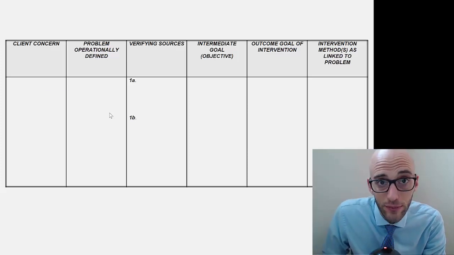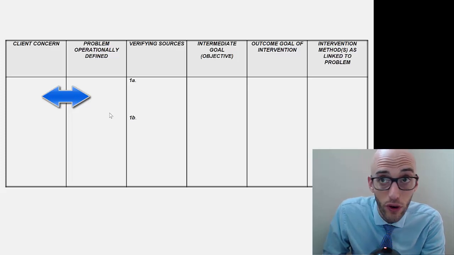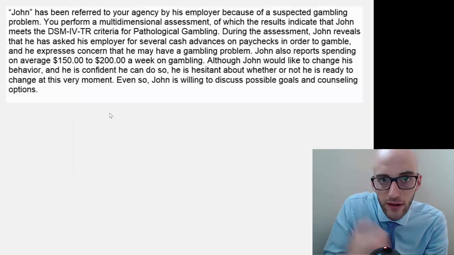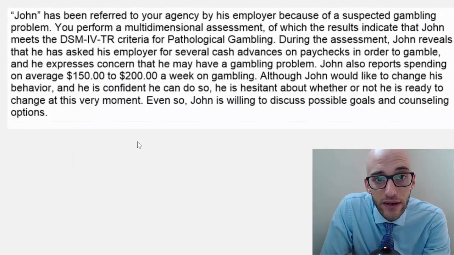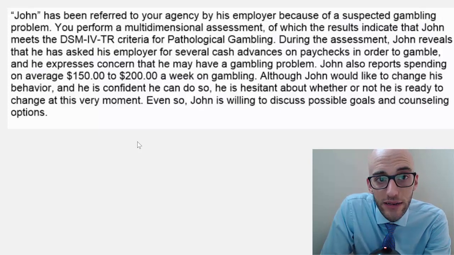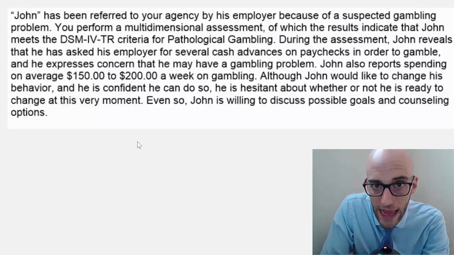As we discussed in the previous module, coming up with a conceptually defined problem is basically looking at the client concern and trying to put more of a scientific, social science kind of language to it. So here's a vignette. John has been referred to your agency by his employer because of a suspected gambling problem. You perform a multidimensional assessment in which you find that John meets DSM criteria for pathological gambling.